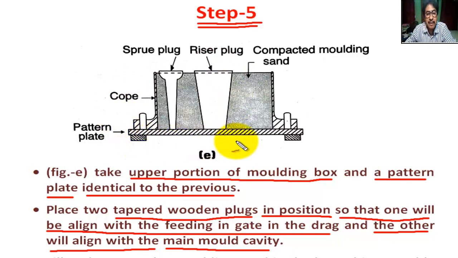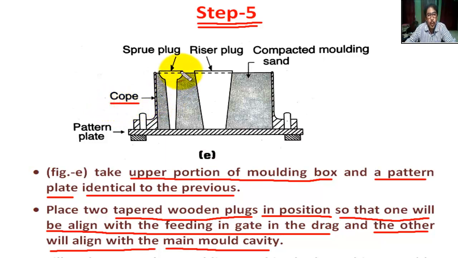This is the separate portion of the molding box, identical with the previous portion. This is the upper portion of the molding box.